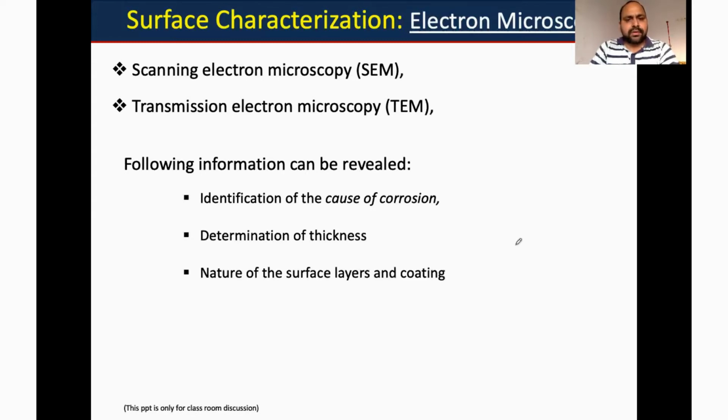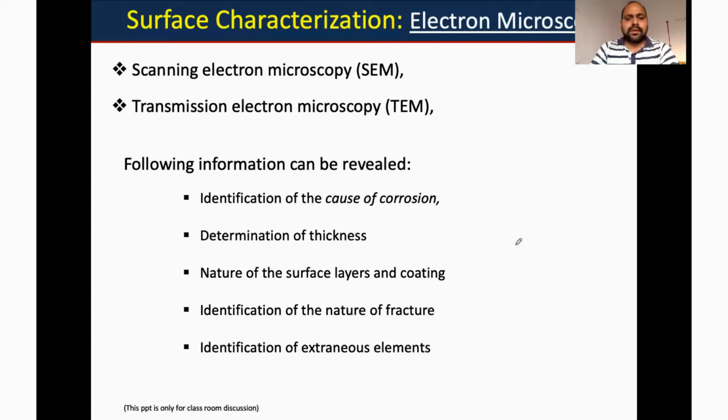We can calculate the surface layer or any coatings. We can also identify if there is any fracture of the surface, and what kind of fracture it is. Then if any extra atom or extraneous element is there in the surface, that kind of information can be easily identified or extracted using electron microscopy.